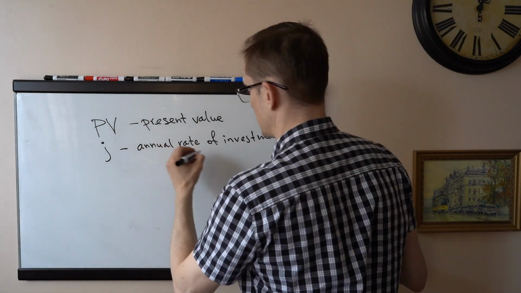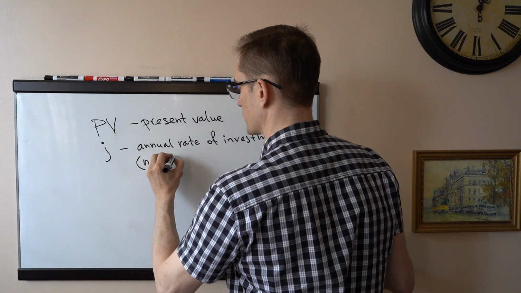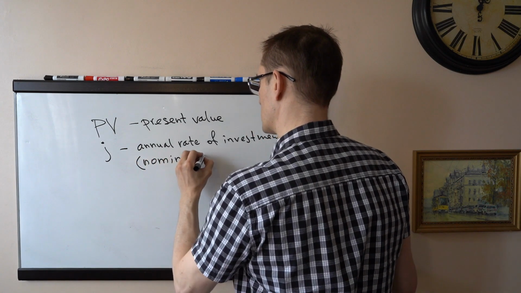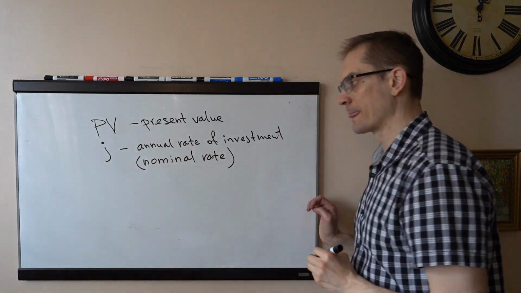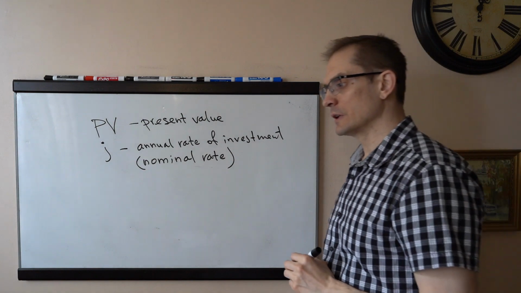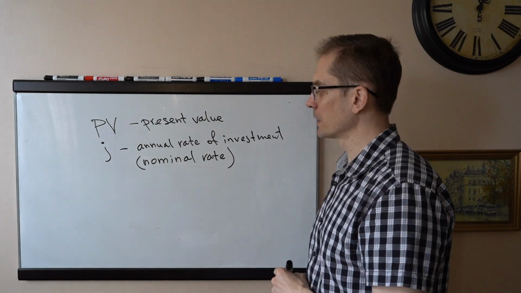This annual rate of investment is also called the nominal rate, and that's an important thing to keep in mind. So the nominal rate is simply the annual rate of investment.